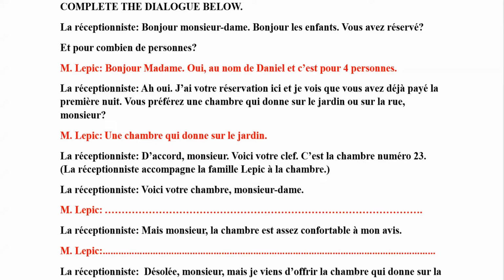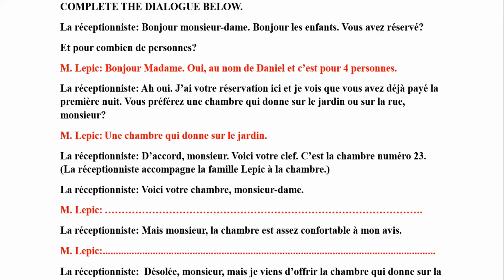So the question was, vous préférez une chambre qui donne sur le jardin ou sur la rue, monsieur? Do you prefer a room overlooking the garden or the street, sir? And we say une chambre qui donne sur le jardin. A room overlooking the garden. And the receptionist says, d'accord, monsieur.